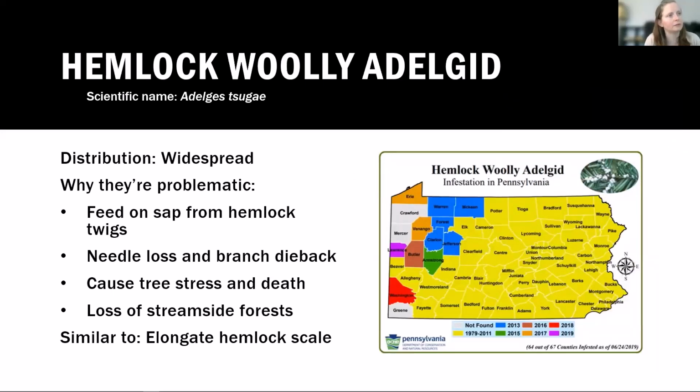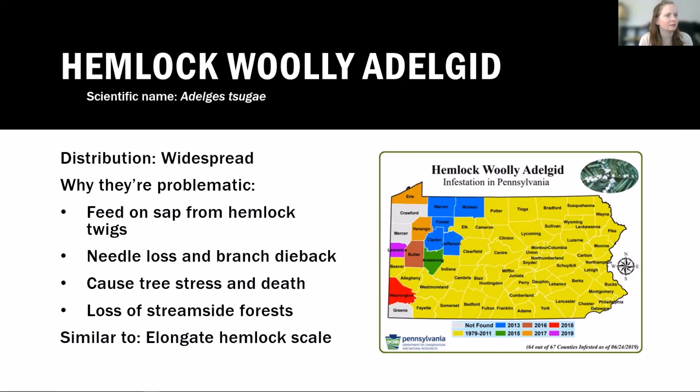Yeah, hemlock woolly adelgid is becoming really widespread in Pennsylvania. This map here shows the counties infested, and most of them have been infested at this point. This map is from 2019, so only 3 counties at that point didn't have records for hemlock woolly adelgid. So you'd be lucky if you have a hemlock stand and don't have hemlock woolly adelgid.